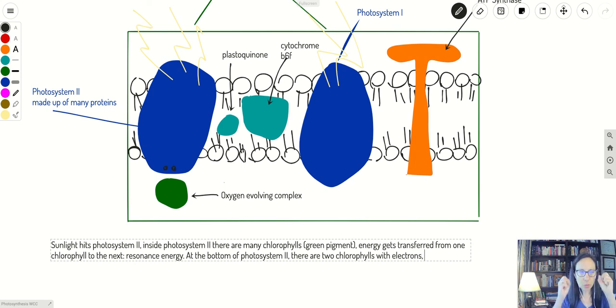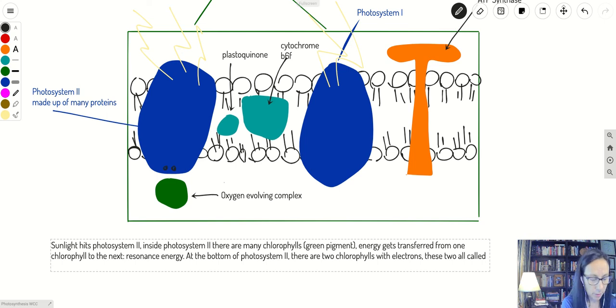And these two chlorophylls are called the special pair. They have a special name. They're called the special pair.